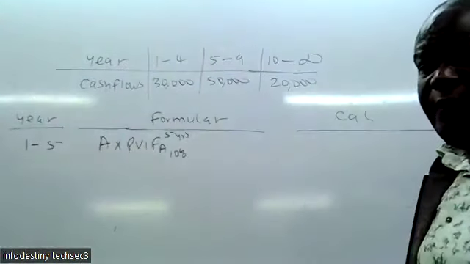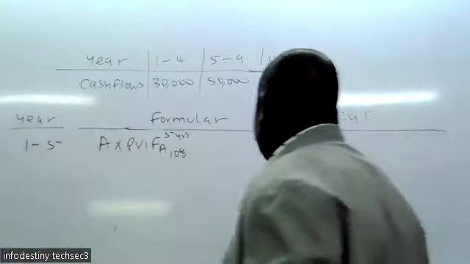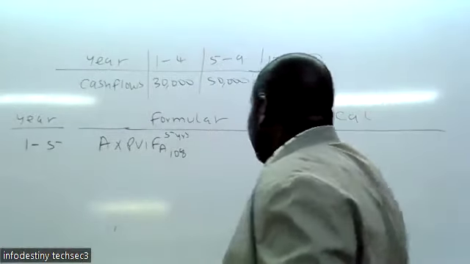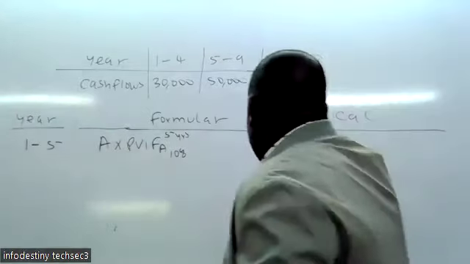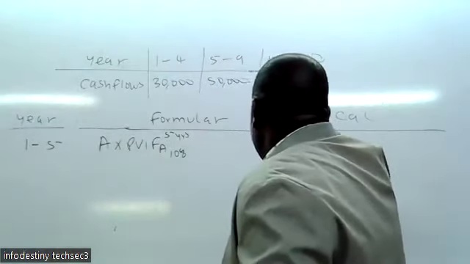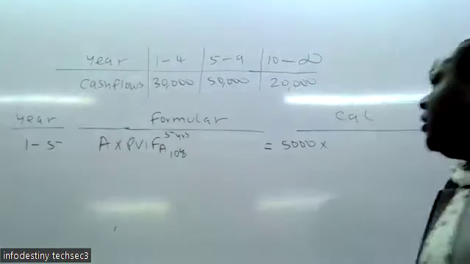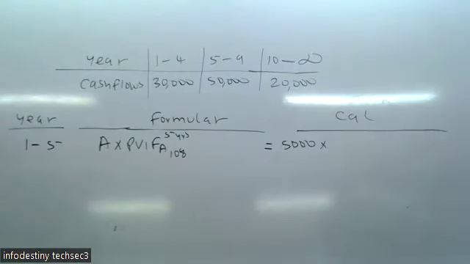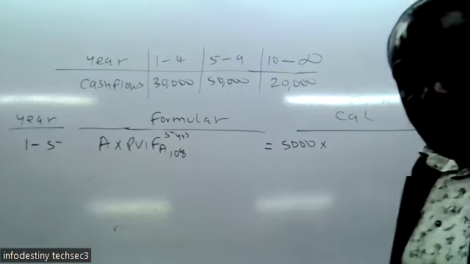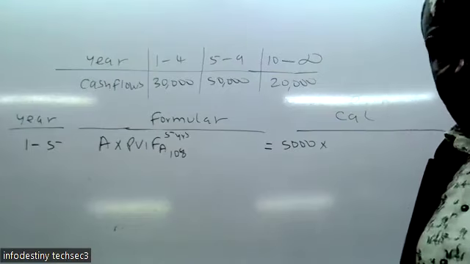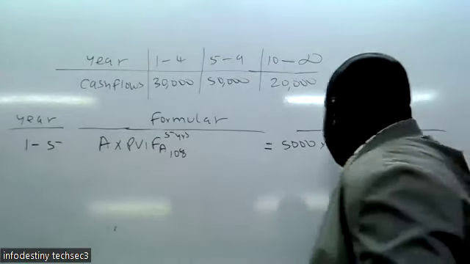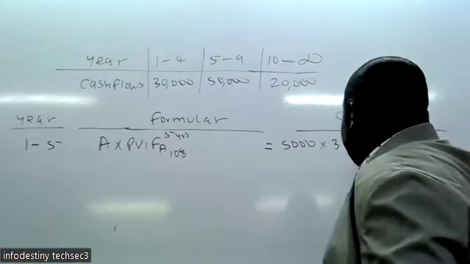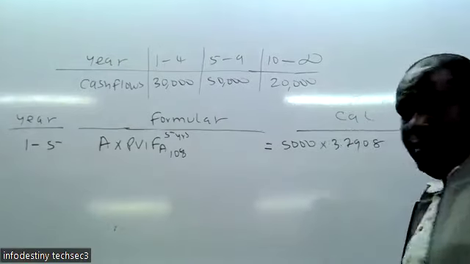So our annuity in that question is 5 million. So check 10% in year 5. It should be 3 point what? 3.790.